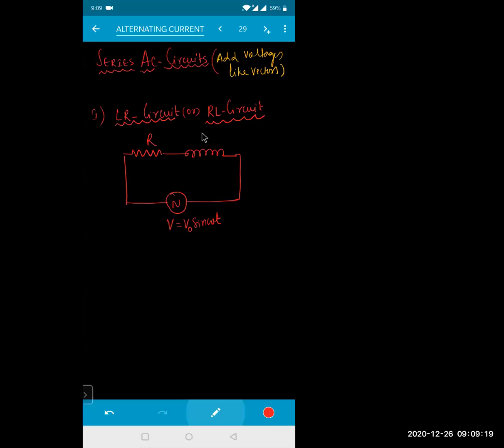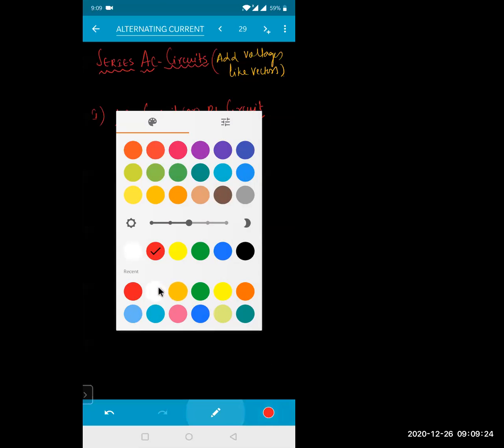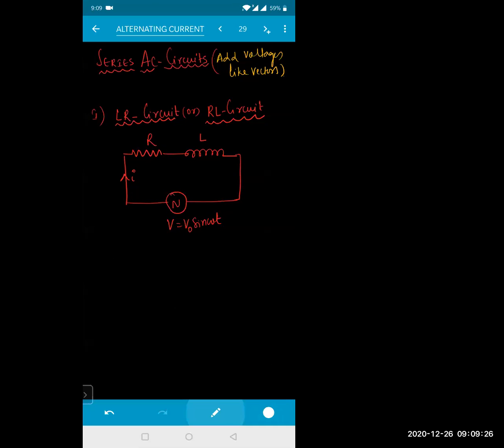This is your resistor and this is your inductor. There is a flow of current in this, equal to I. This is the potential across the resistor and this is the potential across the inductor.